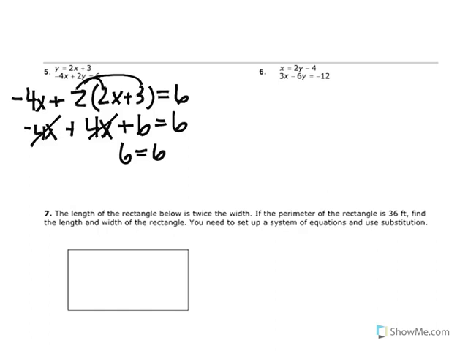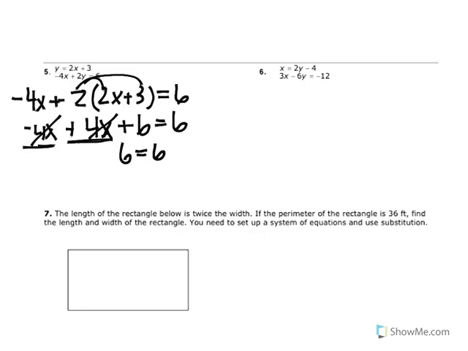Okay, so what happened here is that when I took the y equals 2x plus 3 and substituted it in for the y in the other equation, solved it out, and look at what happened. We had -4x and +4x in the same equation, and so the x's disappeared, and we ended up with 6 equals 6.